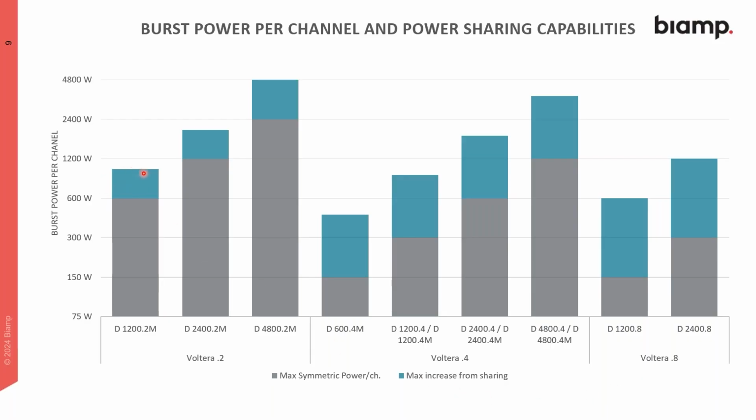So the blue line up top shows how much power increase we can get from power sharing. What's the maximum achievable output? Again, this relates directly to the graph that I just showed. It's just another way of seeing the information.